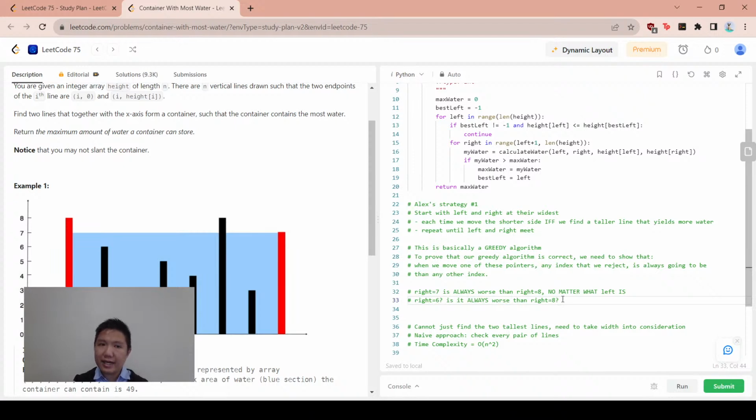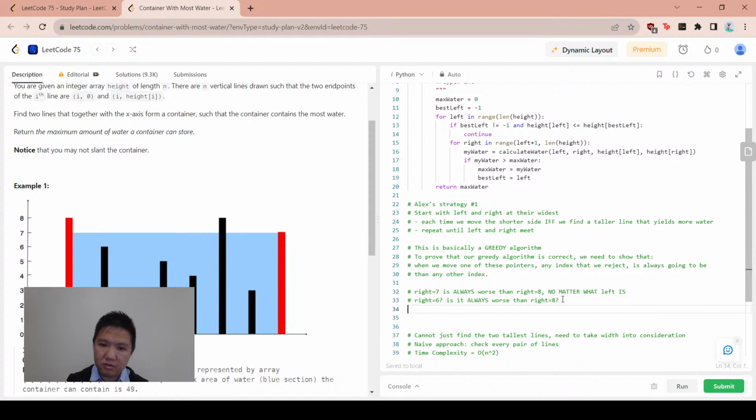But we can't actually rule out left equals to 6, right equals to 6. We cannot actually rule out right equals to 6. It turns out we don't know.